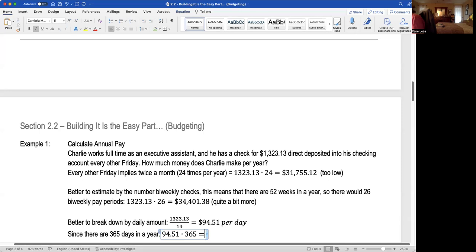I subtracted 94.51 times 365. Then that gives us $34,496.15. And that's how much he would be making per year.